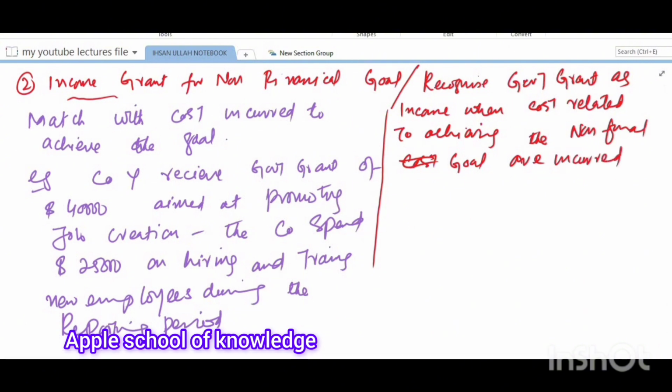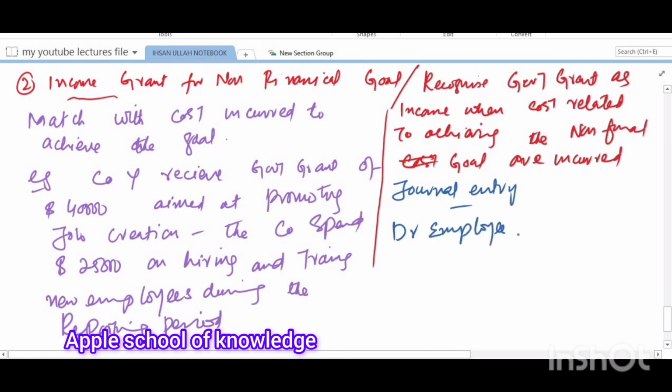So the double entry will be: debit employee expenses, and that amount is 25,000, and credit your government grant income with the same amount. So this is the concept of matching with the cost incurred. Clear?